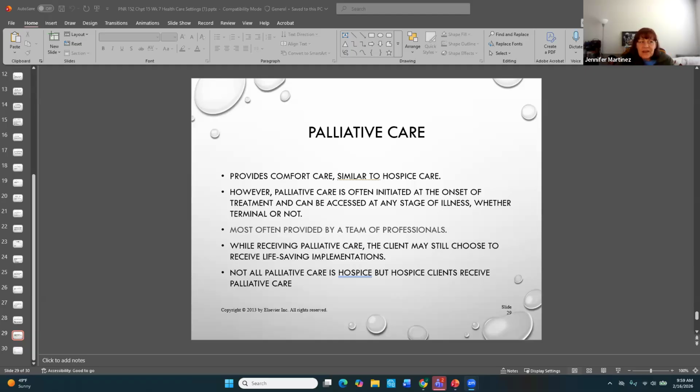While receiving palliative care, they may still choose to receive life-saving intervention. So let's say they have a cancer diagnosis and they're still receiving chemo and radiation. They're still receiving life-saving services, but they're also getting the palliative care maybe to treat the side effects of the medication or the side effects as a result of the diagnosis.